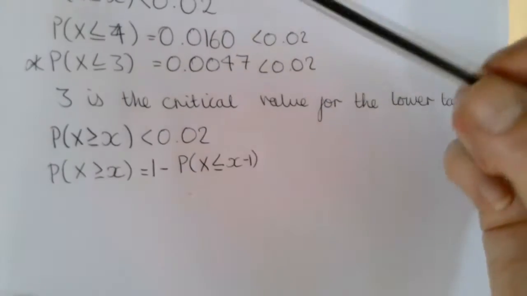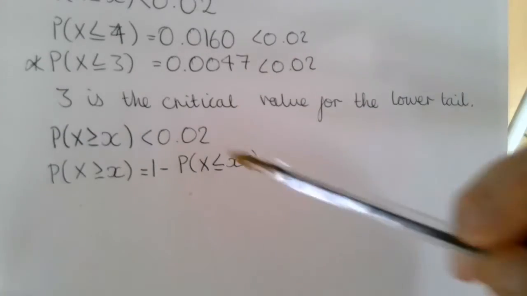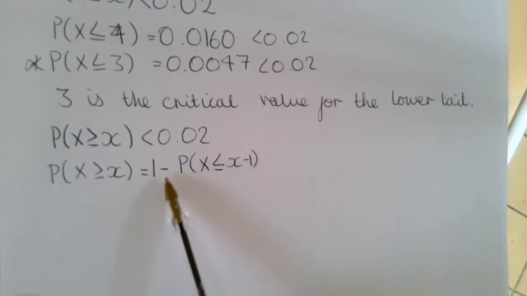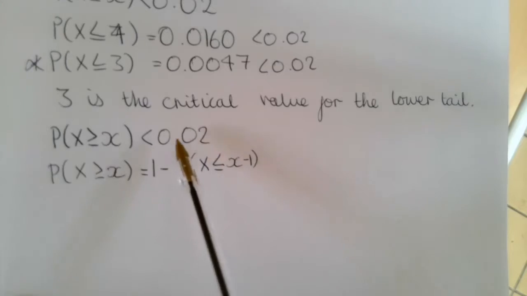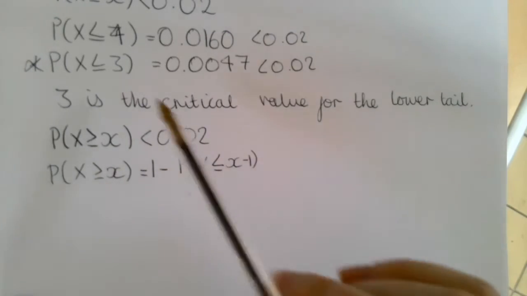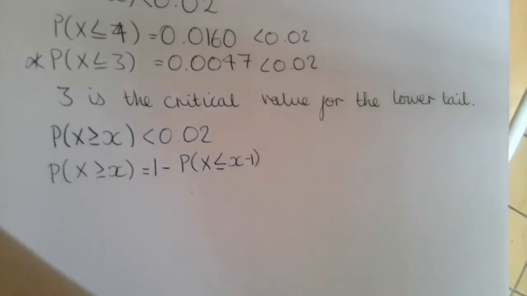So we're going to be looking at the end of our list in our binomial distribution tables and finding those larger values that when we subtract from 1, we get a value less than 0.02, and we're going to pick a few values and see which one's closer to 0.01, as the question has asked us to.